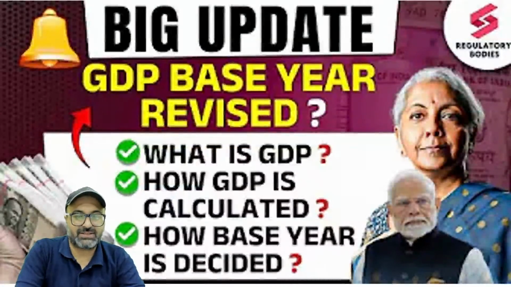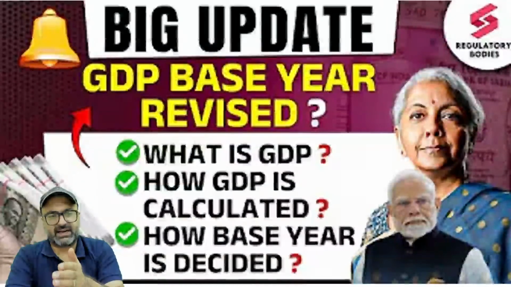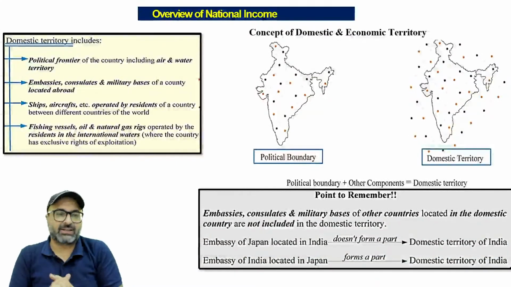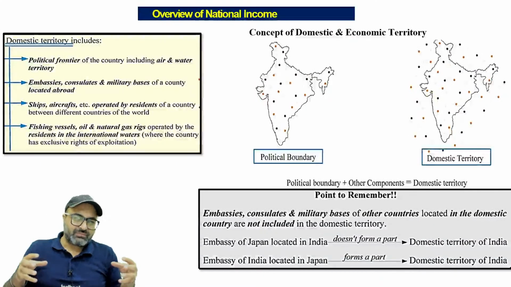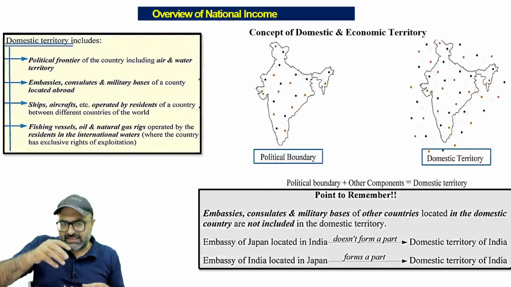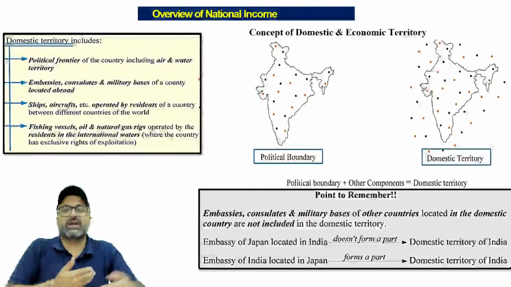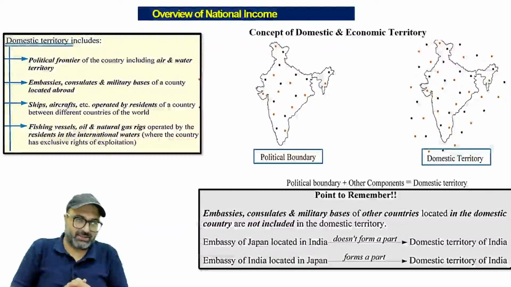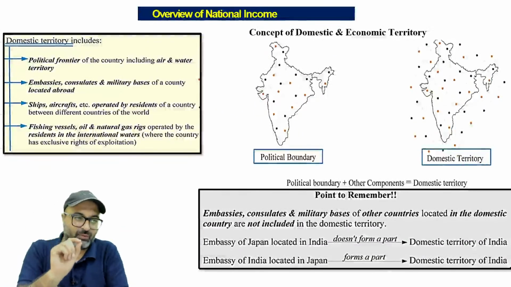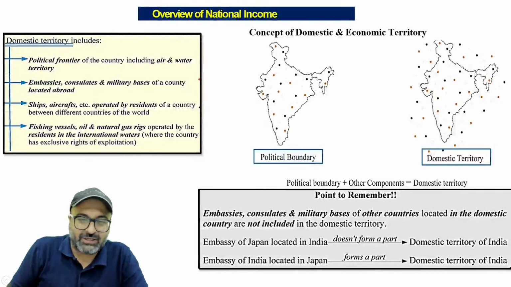Please pay attention guys, this is going to be very interesting. The word national income is quite different from GDP, and we use GDP in order to calculate the national income. So before I discuss with you the concept of national income, I would like to discuss a concept that is known as domestic territory.